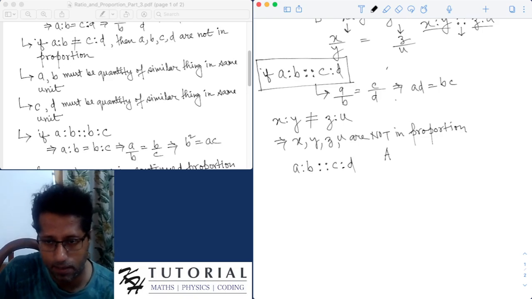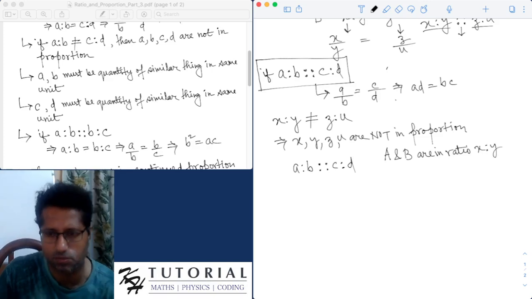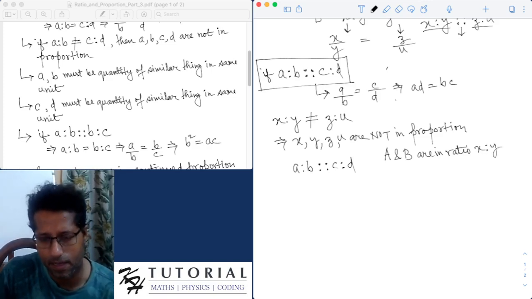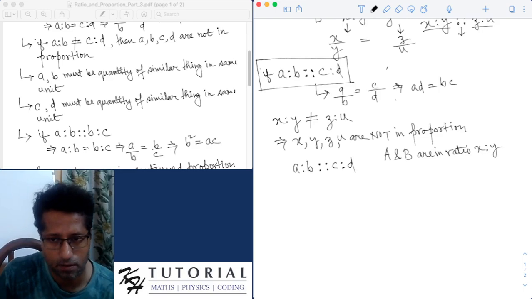When we say that quantities A and B are in ratio X is to Y, then quantities A and B may have some unit, but the ratio X and Y will simply be pure numbers. They won't have any unit.